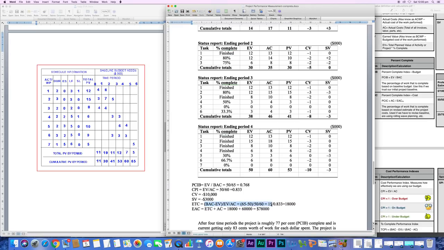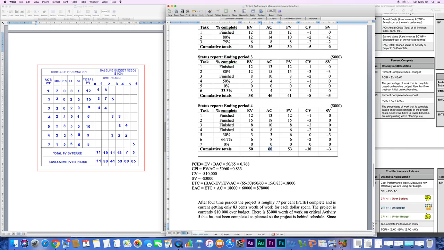Use this formula and you'll get that you'll still have to pay $18,000. And in the end, our cost at completion is not going to be 65 anymore. It's going to be what's remaining to be paid, that's $18,000, plus our actual cost at this point of time, that's $60,000. $60,000 plus $18,000 is $78,000.